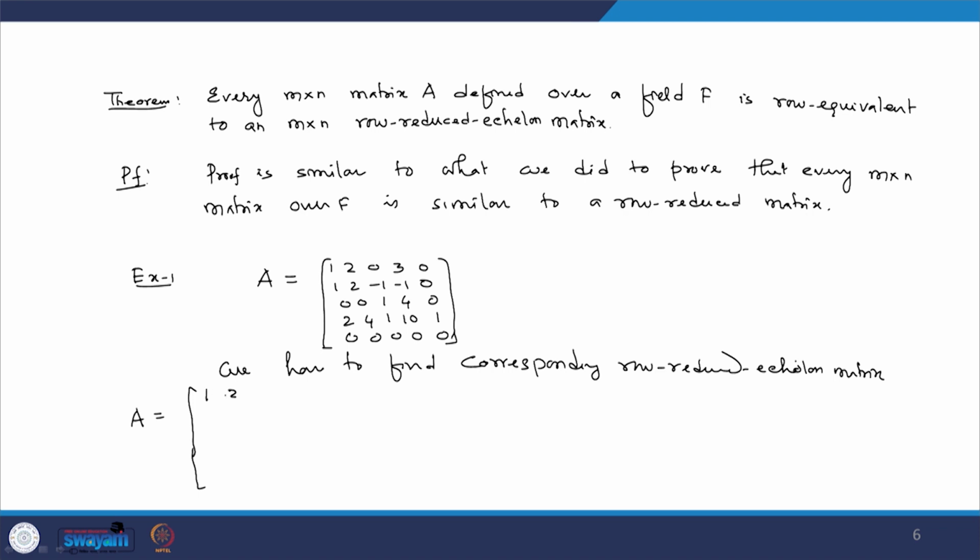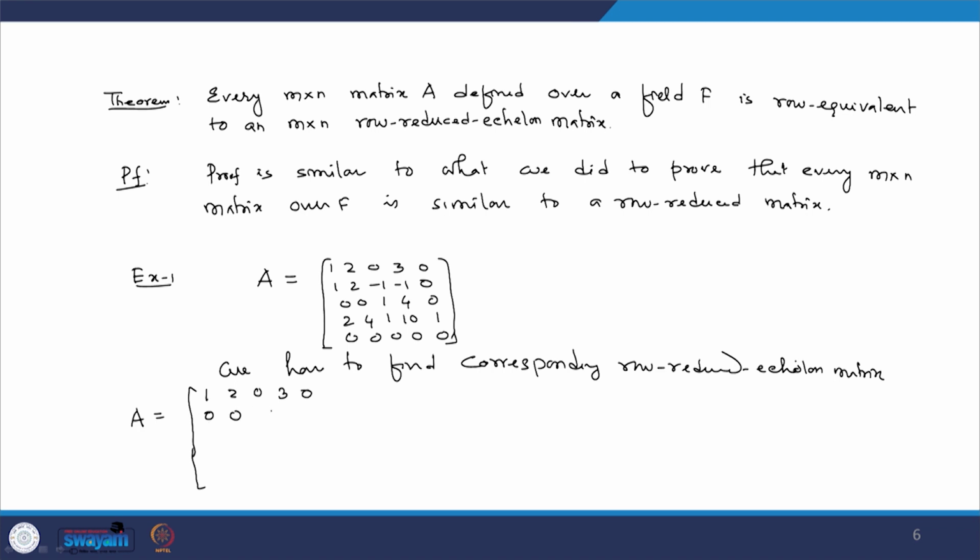Since the first non-zero entry in the first row is 1, I will leave the first row as it is: 1, 2, 0, 3, 0. Since the first column contained the leading entry of the first row, I have to make all other entries 0. So I have to make a 0 here. This is basically R2 minus R1.